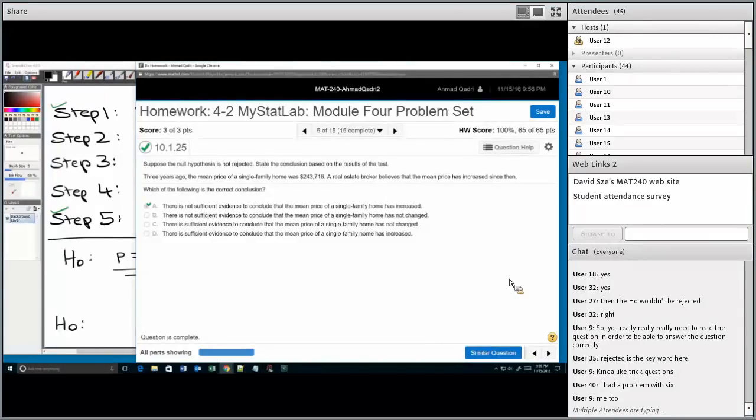Here's the problem again. You don't have to type 243,716, just type 240 or something like that. It'll make sense. I'm looking for the null and the alternative hypotheses.